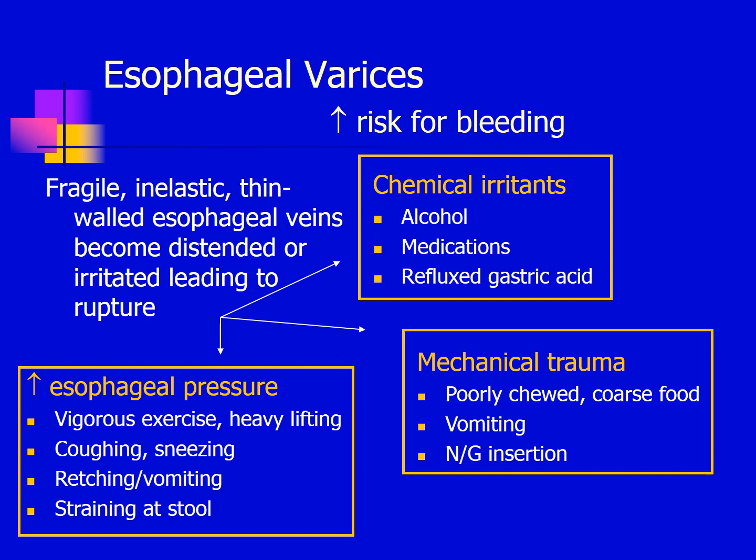It will lead to increasing esophageal pressure. Other things that can cause it: vigorous exercise, coughing, sneezing, straining at stool. All those things can increase the pressure, therefore causing a bleed. So esophageal varices are not a good thing because these fragile veins can rupture. Next slide.